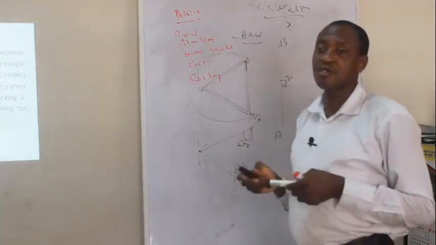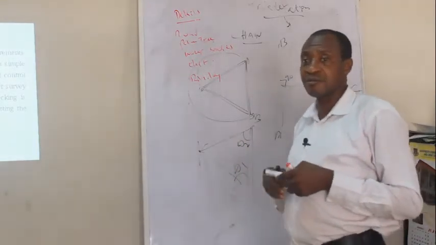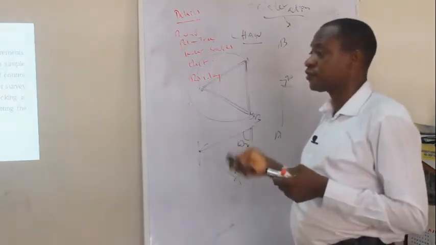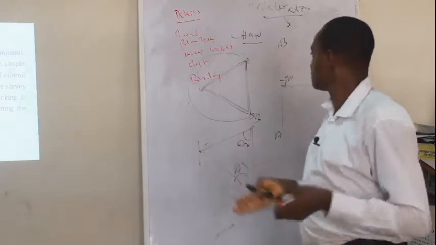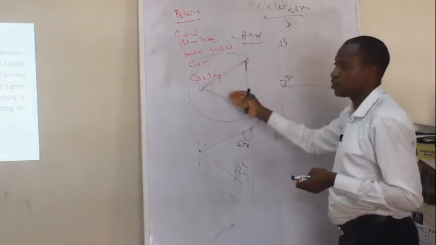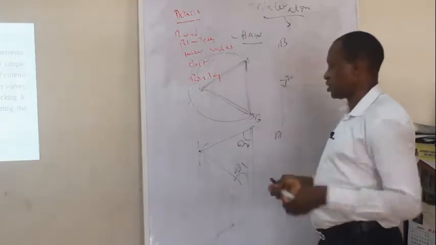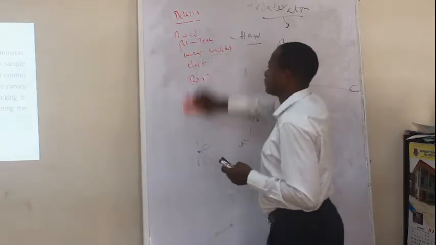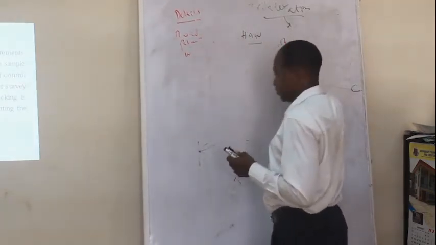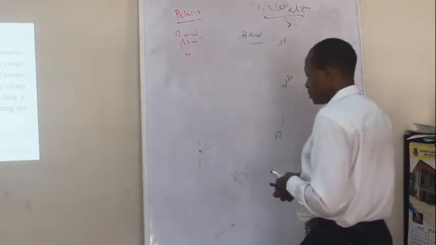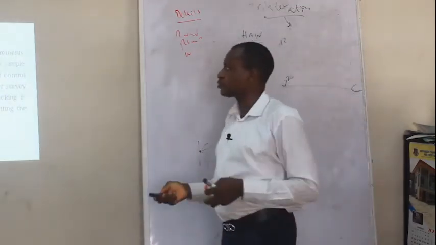In this situation, you don't need rigorous calculation, rigorous adjustment. You can fix your positions just through graphical means, plot and build up your chain, the whole figure. So use this method also in plotting the details. We'll show you more of this as we go on.